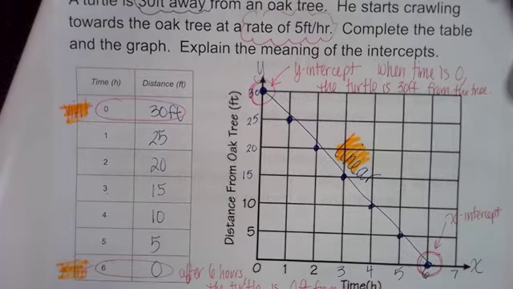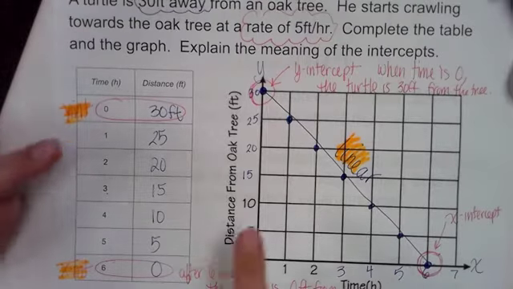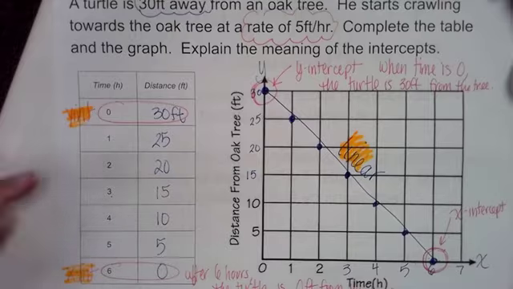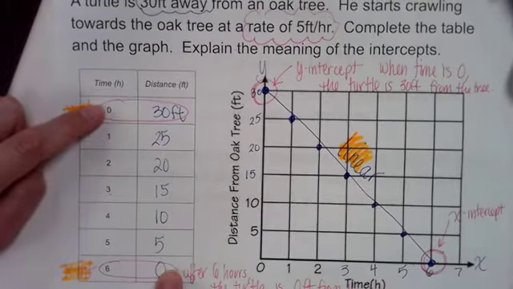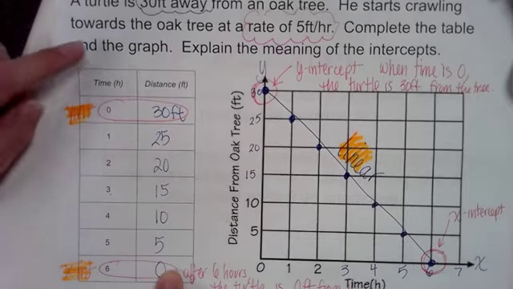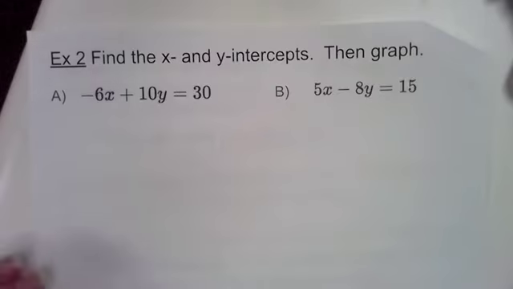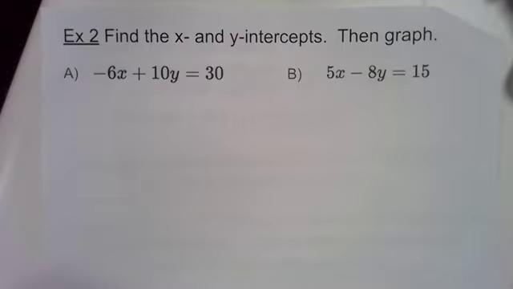That's really useful information because that's exactly how we graph these quickly. Instead of making a giant list, we can just use zeros. All right, a 0 in place of x and a 0 in place of y. So that is what our goal is today.